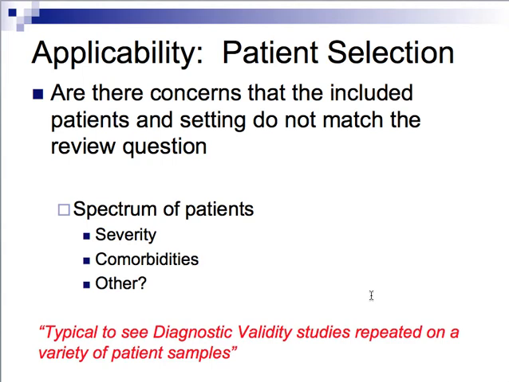So it's typical to see diagnostic validity studies repeated on a variety of patient samples to affirm that the test works across a spectrum of patients that is relevant to you clinically. So it's important to note the spectrum of patients that the study is conducted on, and then ask whether a sample of less severe or more severe patients, or patients with fewer or more comorbidities, or a different setting might be appropriate for your application in your clinic.